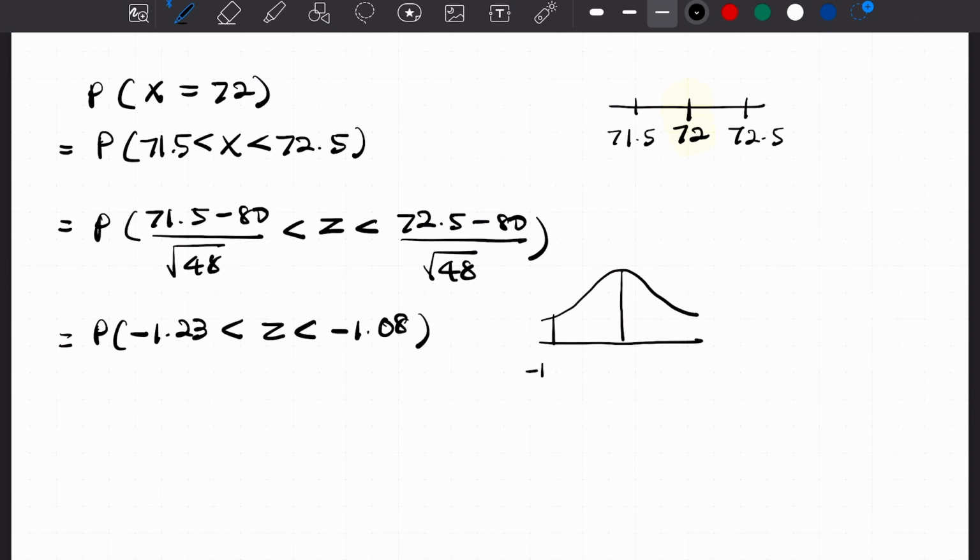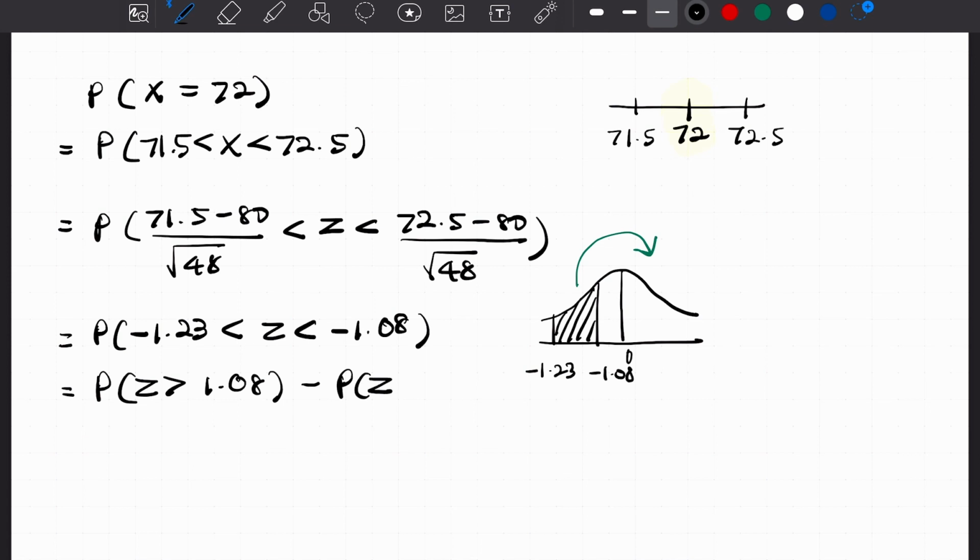So this is negative 1.23, and this is negative 1.08. The area will be here. Using the symmetrical area to the right side, I'm going to find the probability as probability of Z greater than 1.08 minus probability of Z greater than 1.23.